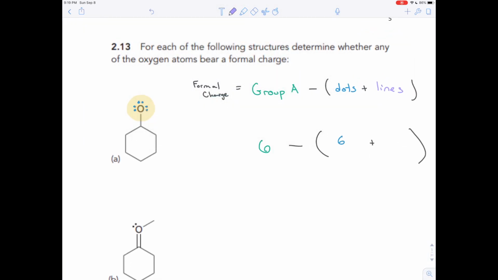And around that oxygen there is only one line. And so the formal charge on that oxygen will be 6 minus 7 or negative 1. So you'd write a negative 1 next to the oxygen and you'd circle it.